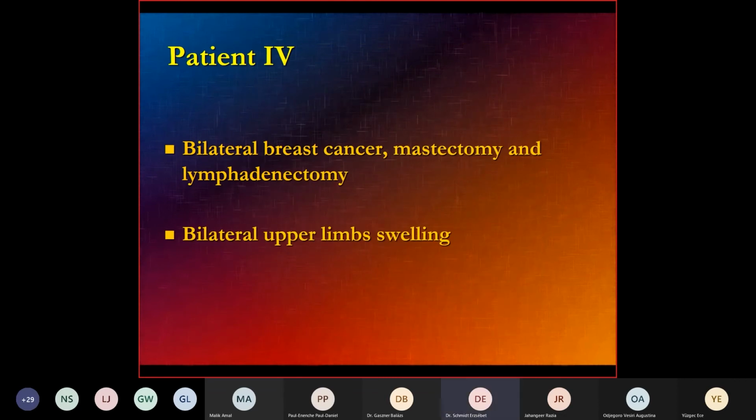The fourth patient had bilateral breast cancer, therefore mastectomy, and axillary block dissection on both sides. That means that the axillary lymph nodes were removed. She had swelling in both upper limbs, which was more serious on the right side.